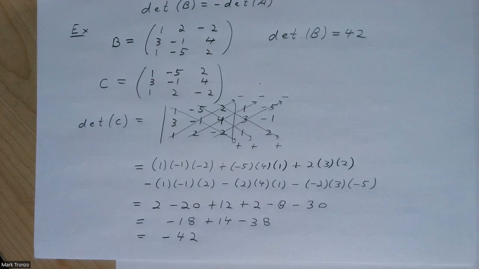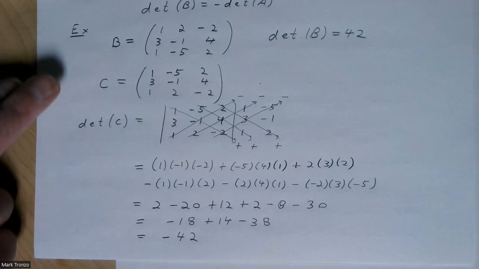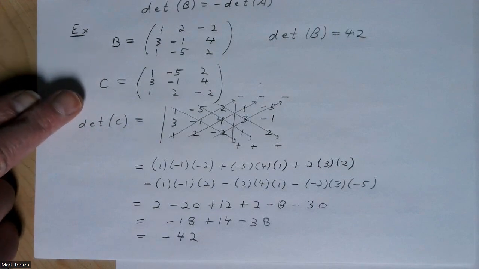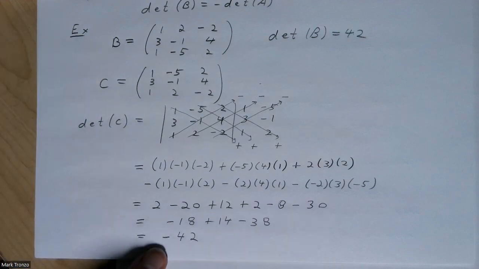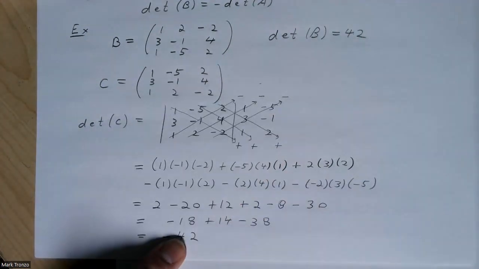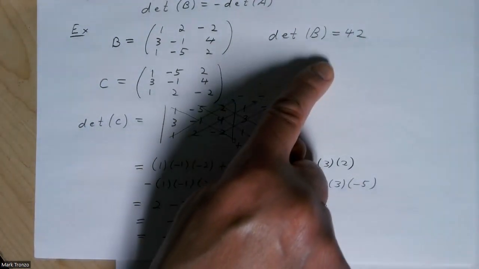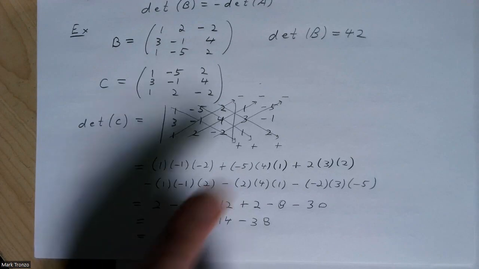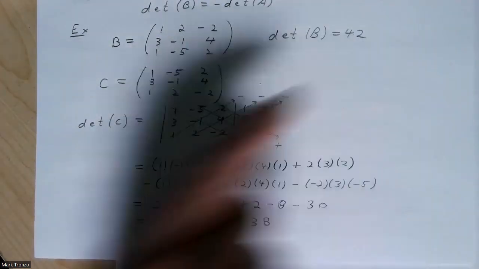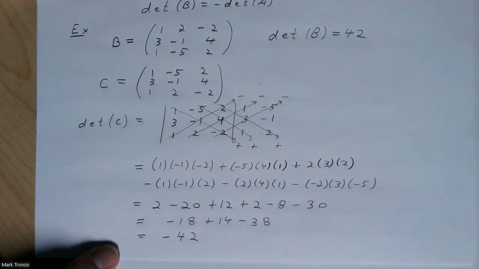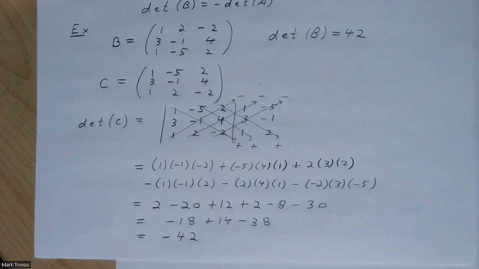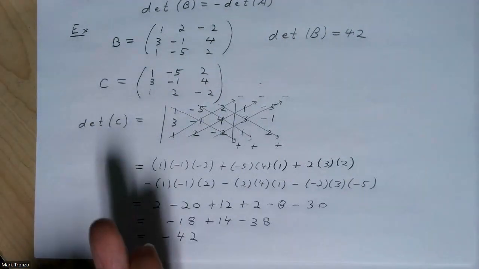So for every interchange of rows, you will change the sign of the determinant. So if you do it once, it'll be negative the original. Do it twice, you'll be back to the original. Do it 3 times, it'll be the negative original, etc. Now again, the same thing works if you interchange columns.